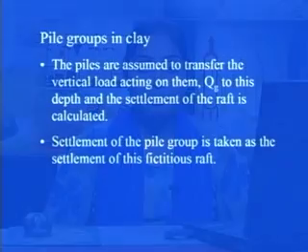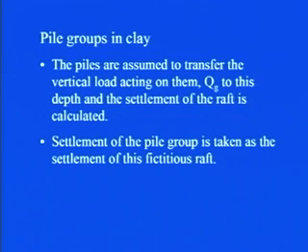We replace the pile and raft system by an equivalent raft placed at some arbitrary depth inside the soil, and there we simply assume it to be a simple raft. Then, whatever is the area below that raft which is contributing to the settlement, we get the settlement as per what we have already followed in the shallow foundation chapter. The settlement of the pile group is taken as the settlement of this fictitious raft.